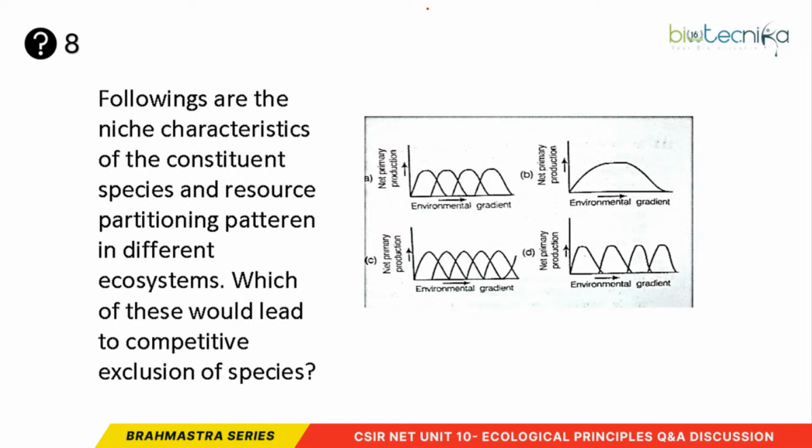When the niche overlap percentage is very high, that is the time you're going to face a very high magnitude of competitive exclusion, high pressure to exclude. But if the overlap is very less, then obviously the competitive exclusion rate will be very low, right? So analyze the graphs.